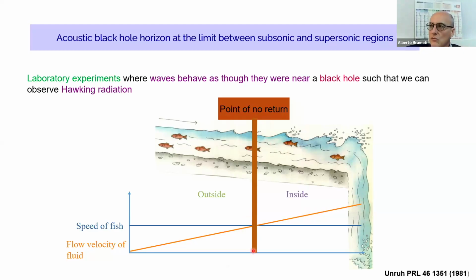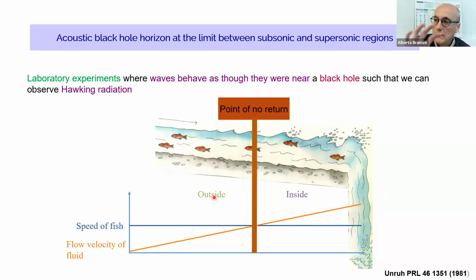Now, in the language of our fluid, the water is our polariton fluid, which has a speed which is increasing, and the role of the fish is played by the collective excitations of the fluid that, as I have shown you, move at a constant speed, which is the speed of sound in the fluid.